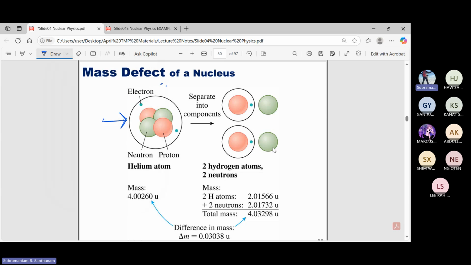In the atom, you have the proton, the neutron, and the electron. So you are separating it into the components: the protons and the neutrons.